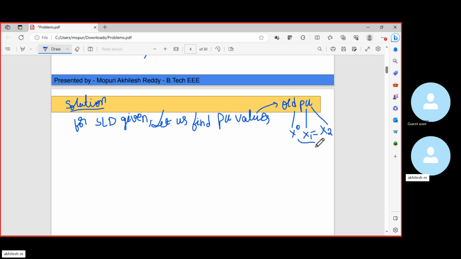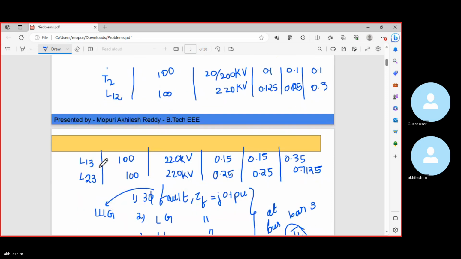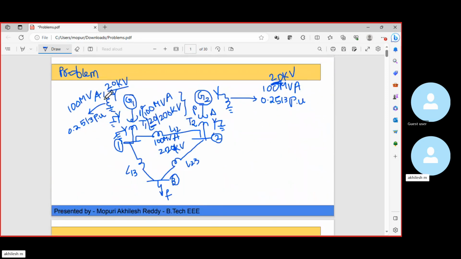So there is one case we need to solve for the positive and negative sequence, that is X1 equals X2. First, generator is having 100 MVA, and the transformer is also having 100 MVA.